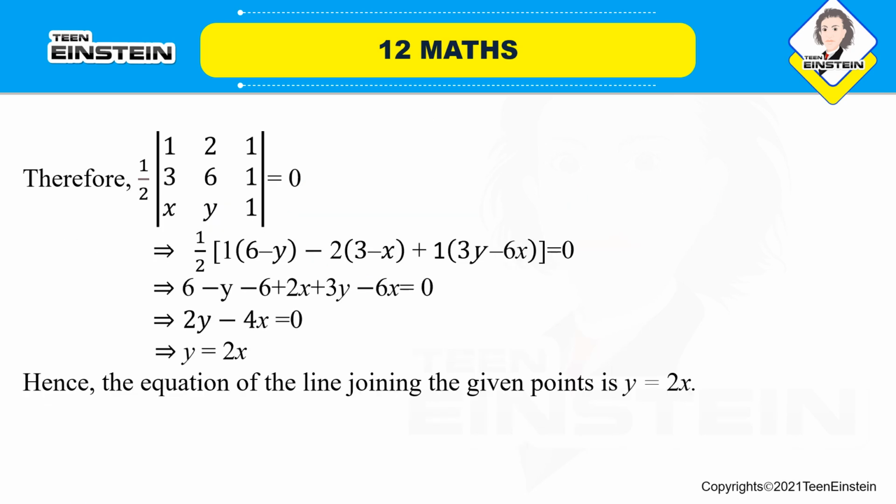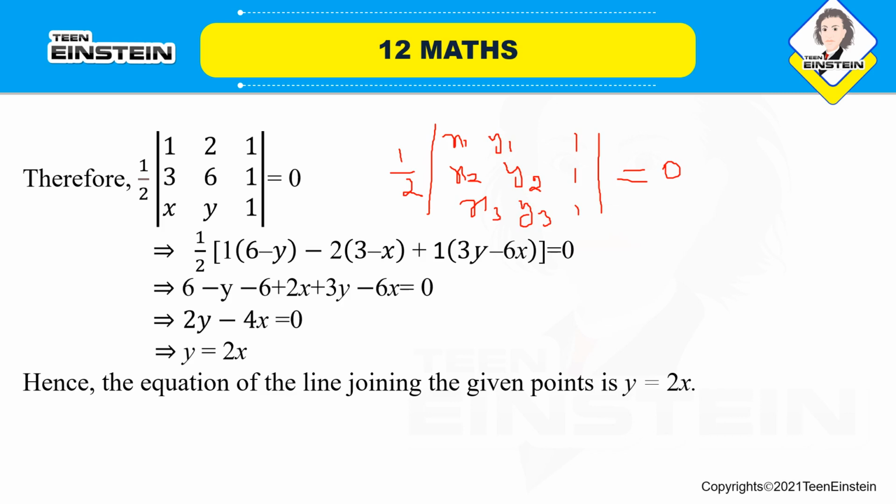So what is the area formula? Half into determinant x1, y1, first vertex. Second vertex is the second row x2, y2. Third vertex is the third row x3, y3. And the last column elements are 1, 1, 1. This is equal to 0.